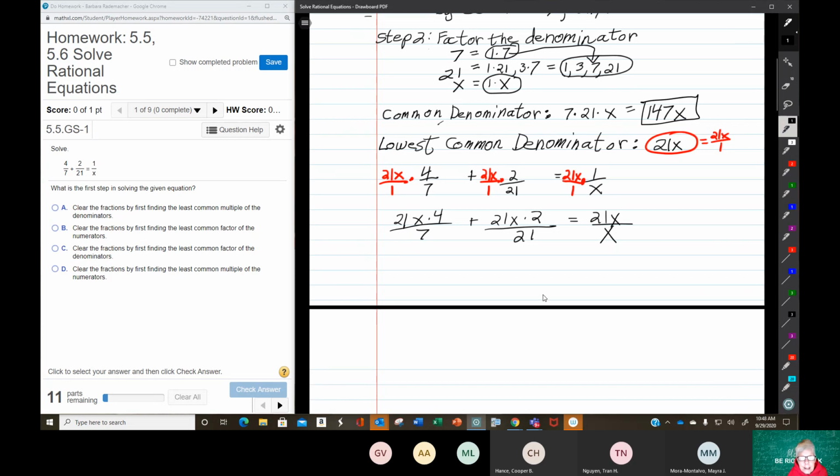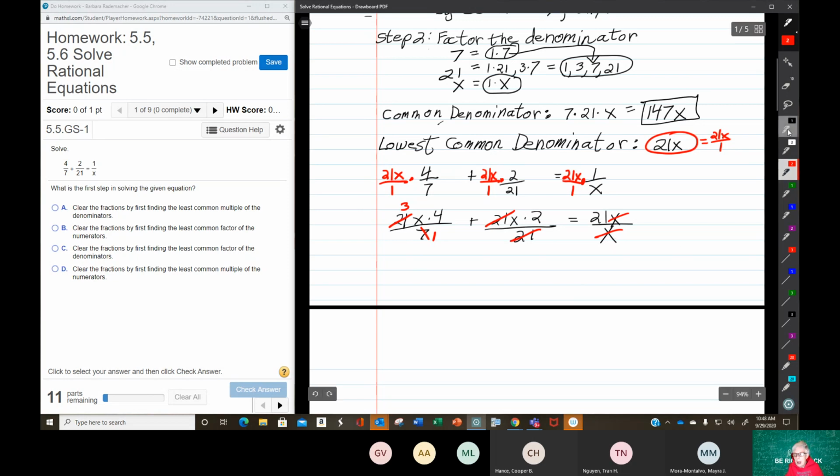And now I can cancel. 7 goes into 7 one time. 7 goes into 21 3 times. 21 and 21 go into each other one time, which is the same thing as canceling. And x goes into x one time, so that's the same thing as canceling.